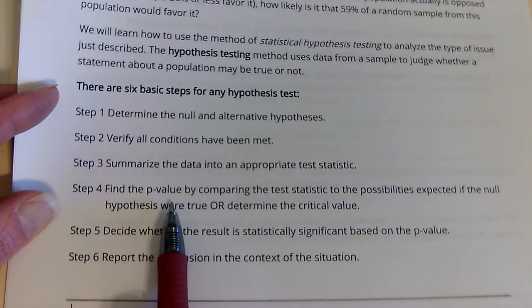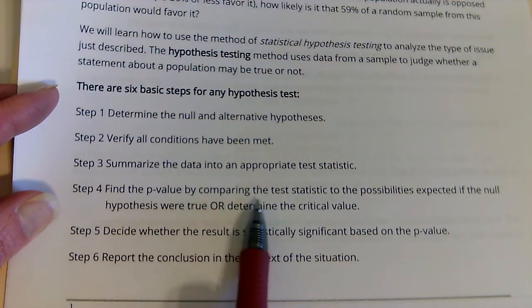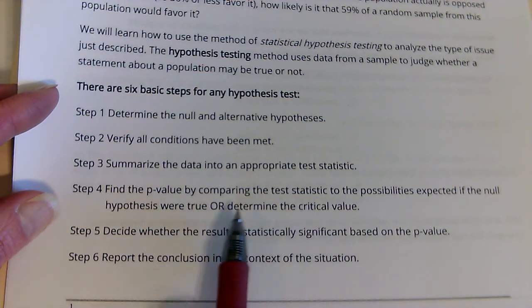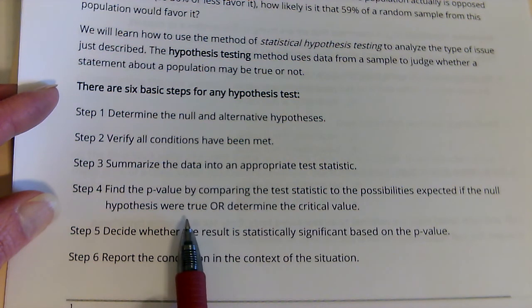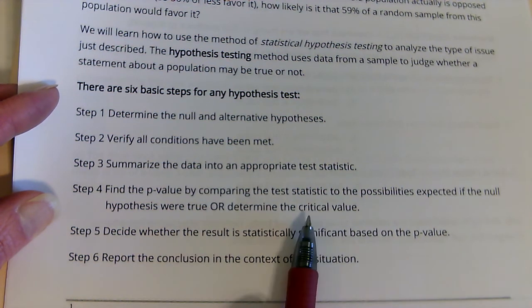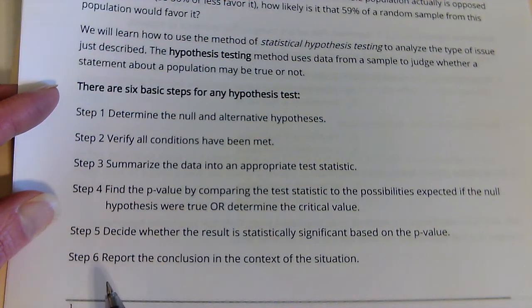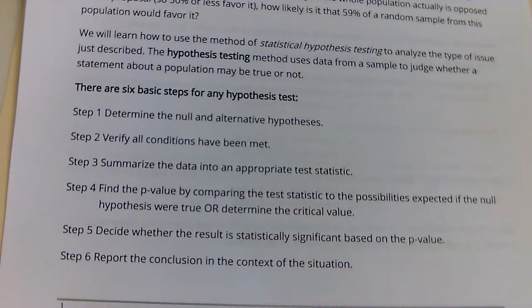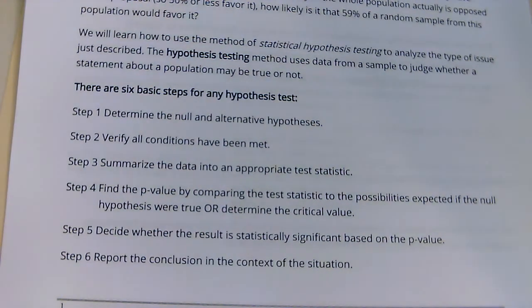We're going to find what is called a p-value by comparing the test statistic to the possibilities expected if the hypothesis were true. Or we're going to determine a critical value, we'll talk about that, and decide whether the result is statistically significant. That's very important, that wording. And then we're going to report the conclusion in the context of the situation.